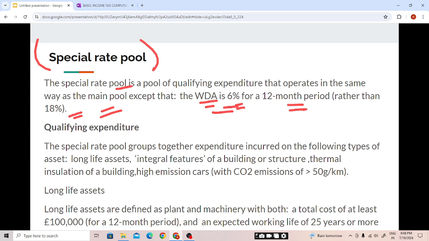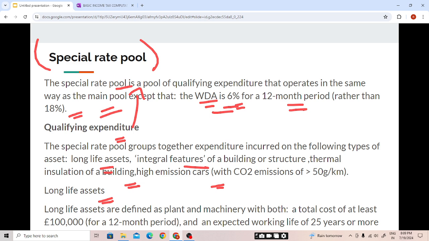Now coming to the expenditures which qualify for the special rate pool. Qualifying expenditure includes long life assets, integral features of a building, thermal insulation, and cars with high CO2 emission. Now, what does the term long life asset mean? Two conditions must be satisfied.